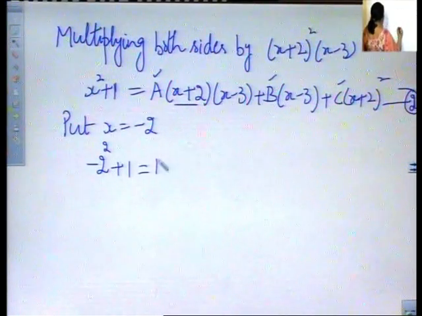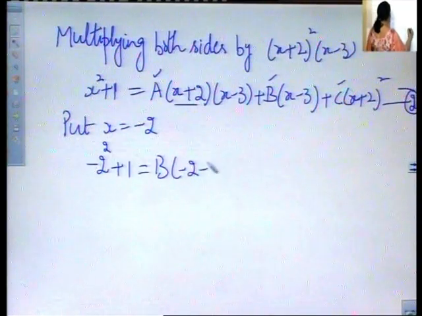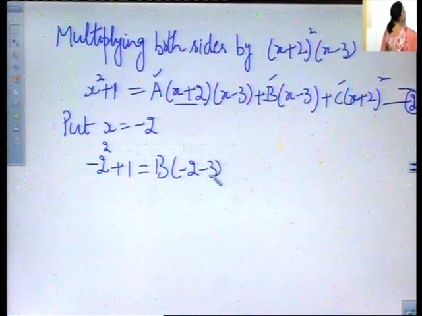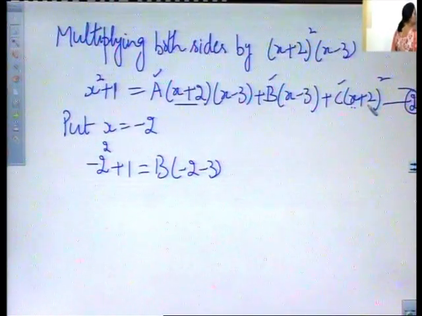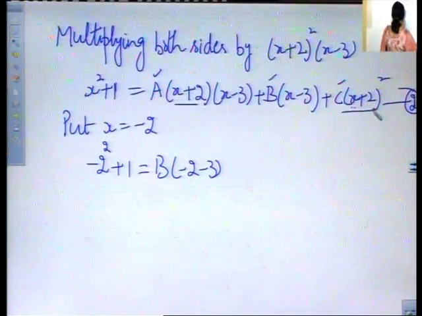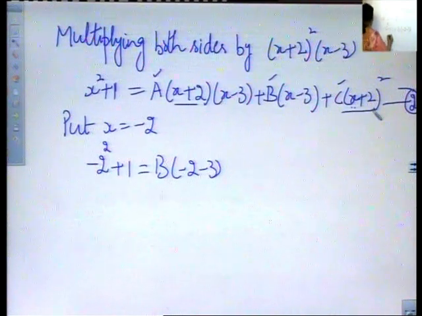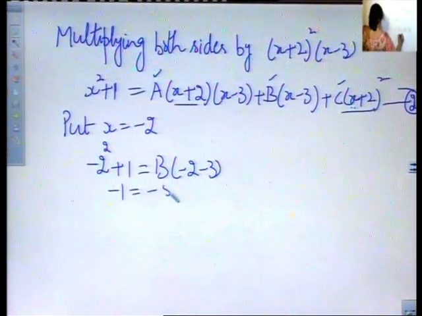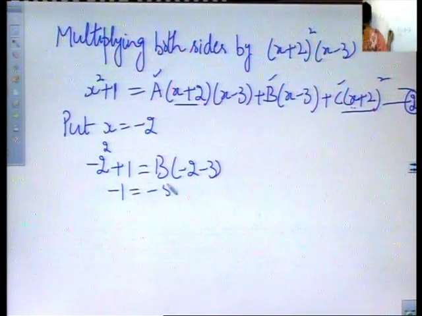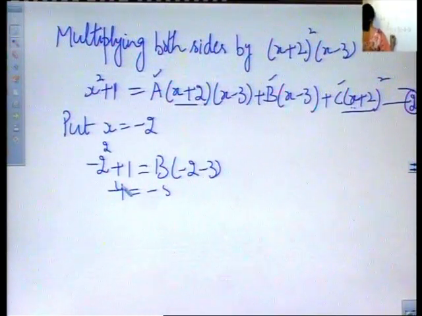Here it is b into minus 2 minus 3. When we put minus 2 here, minus 2 and plus 2 is 0. This is 0. We get that minus 1 is equal to minus 2 square, it is 4 plus 1.